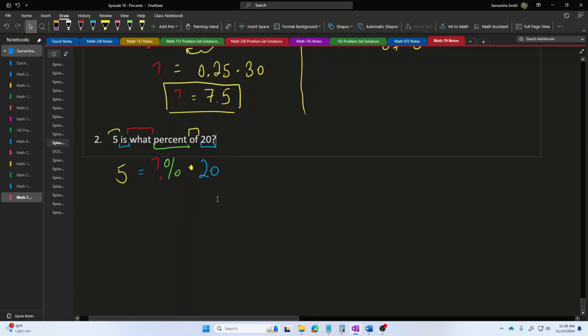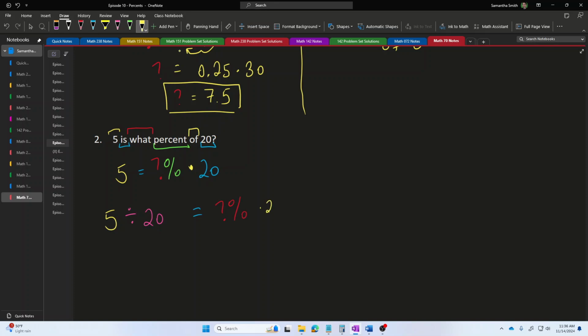And to get rid of this multiplied 20, I'm going to divide by 20. 5 divided by 20, and then the unknown percent times 20, and then I divide to get rid of that 20. The multiplied and divided 20 eliminate each other, and I'm left with my unknown percent equal to 5 divided by 20.